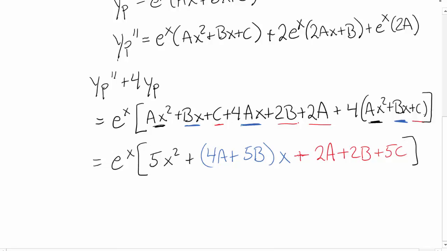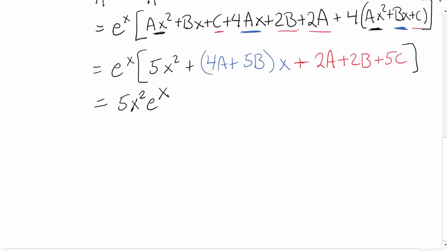Okay, this should be equal to what I would like it to have on the right-hand side, which is 5x squared times e to the x. So what this means is I should have 5 is equal to 5. That's true. Was I missing an a on that? I was missing an a on this, wasn't I? Sorry guys, let me squeak that in there.